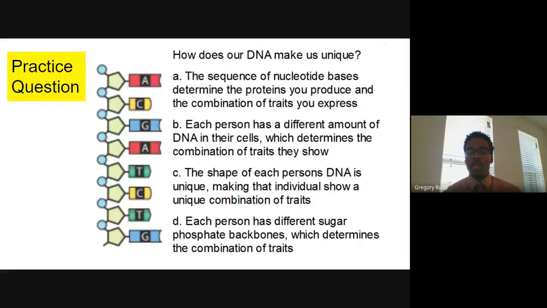We also see the word unique in answer choice C, which is a word that is used in the question. But the difference between these two answer choices really comes down to what is shaped differently. Is it the sequence of the nucleotides, or is it the overall DNA that is shaped differently?